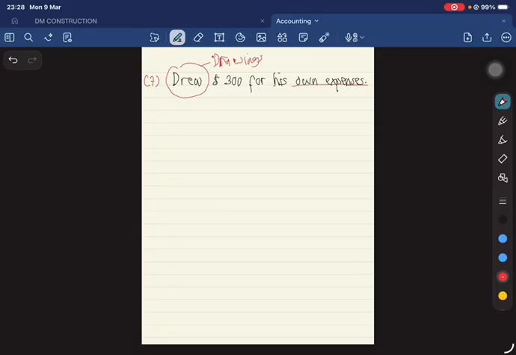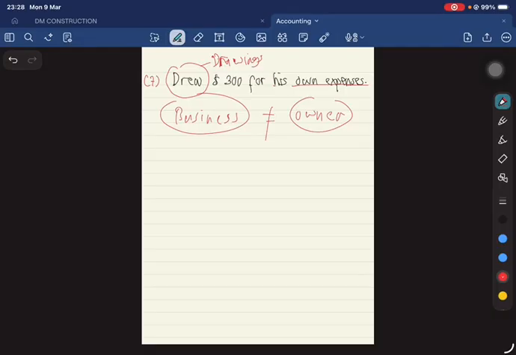I told you earlier that the business and the owner are two different entities. That they are not the same.